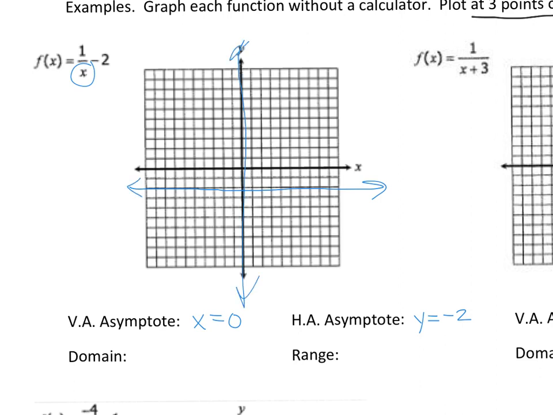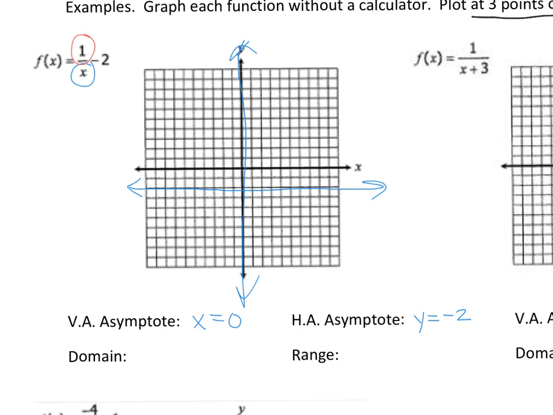Since the a value is positive, it's going to be in these two quadrants. We made quadrants with these blue intersecting lines, so it's going to be in this first quadrant and the third quadrant. So you're taking the function and you're shifting it down.